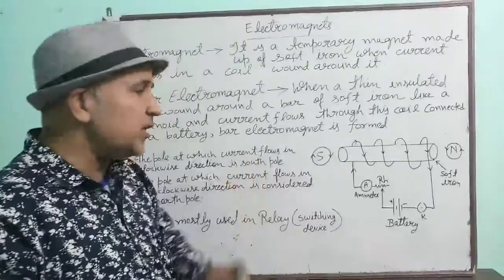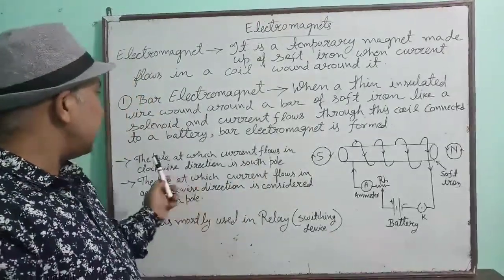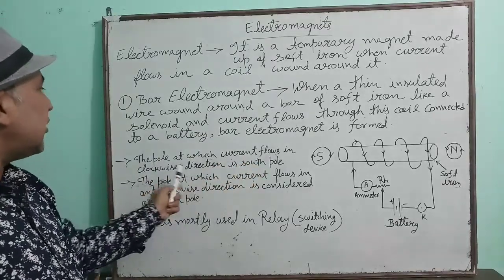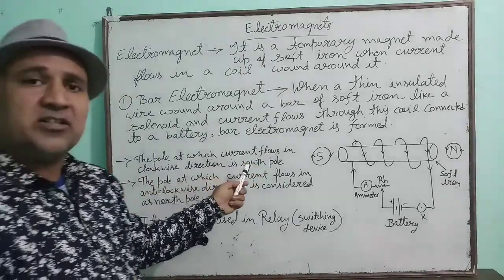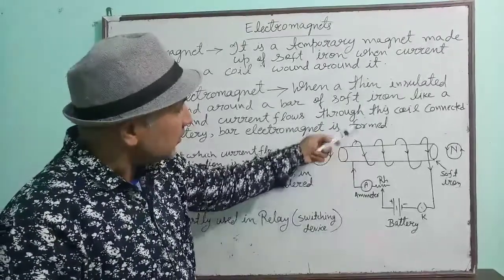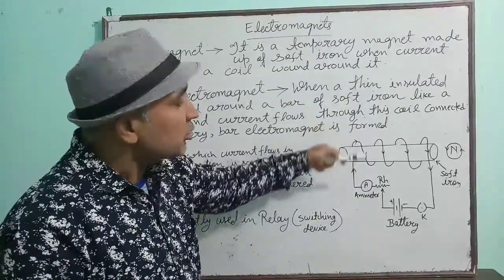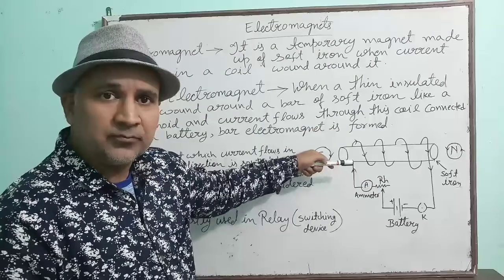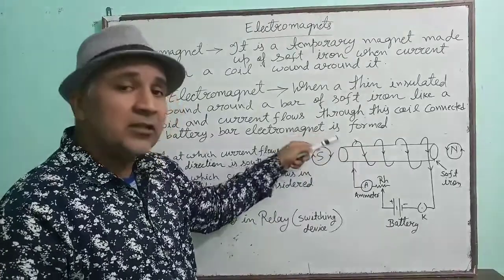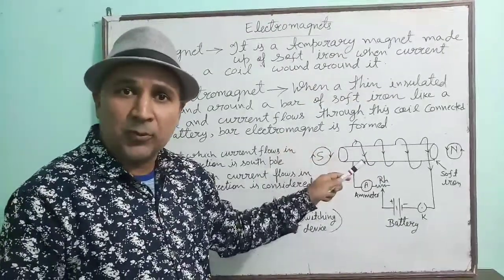Now what are the noted points you have to remember? The first point is the pole at which current flows in the clockwise direction is considered the south pole. See here, the current is flowing in the clockwise direction. In the bar electromagnet, the direction of current shows the north or south pole.